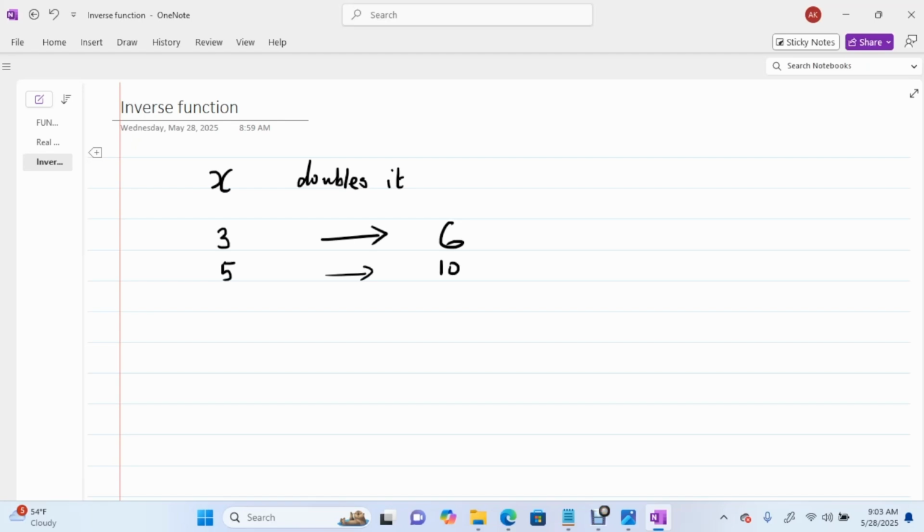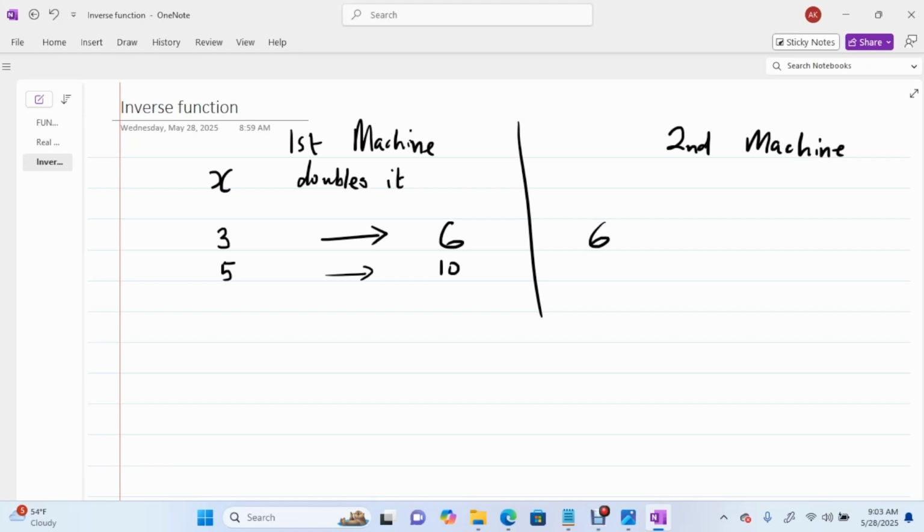Let me call this the first machine and this the second machine. The second machine will take this input, which is the 6, and give us our original number, which was 3.